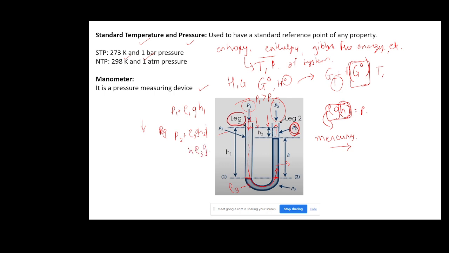Until both pressures are equal, there will be a shift, and some equilibrium will be attained. Based on that equilibrium and the shift in height h, we can measure rho g h, and how much pressure is exerted due to any liquid.